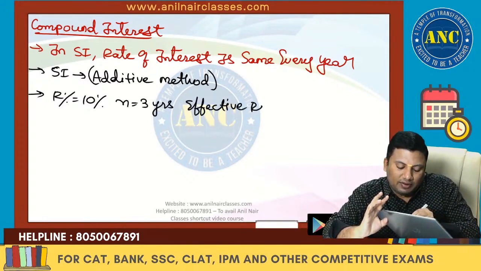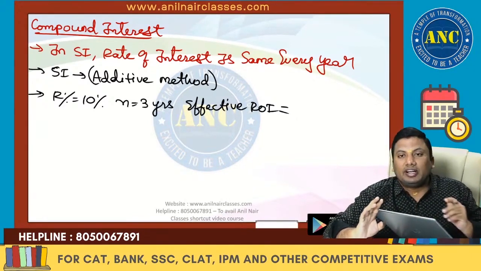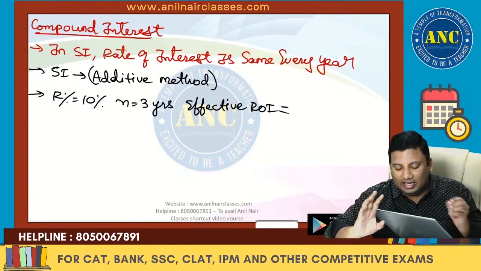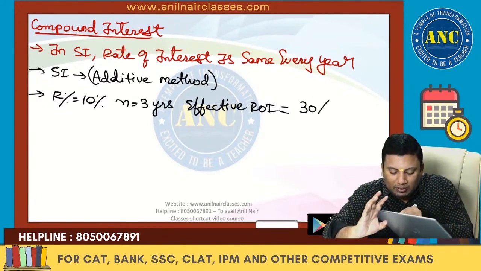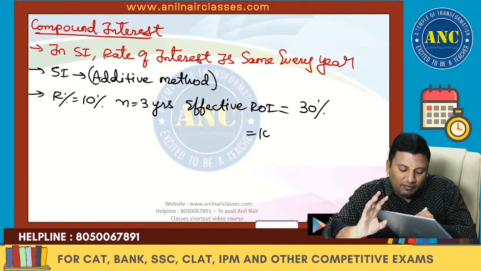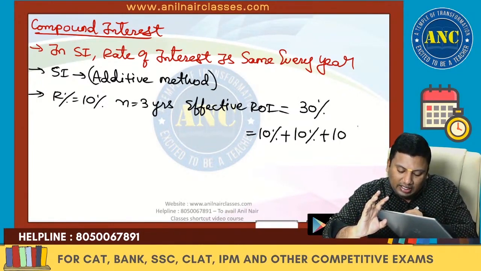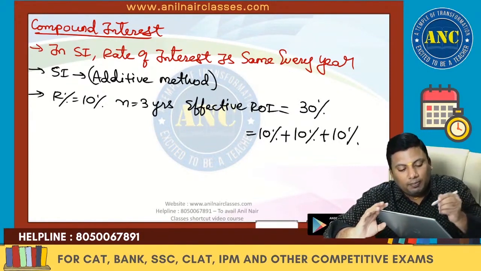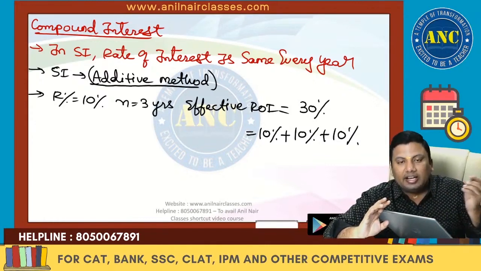In case of simple interest, rate of interest does not change. First year 10, second year 10, third year 10. So in total it is 30%. Simple interest is always an additive method.